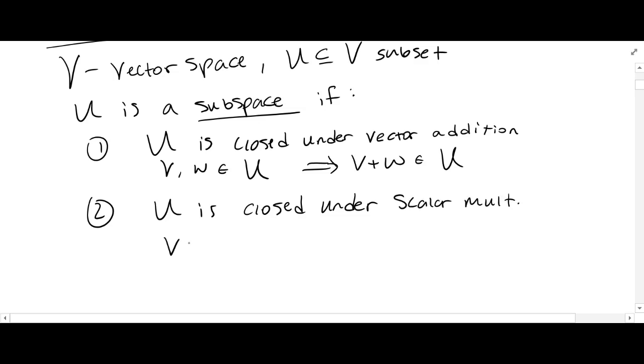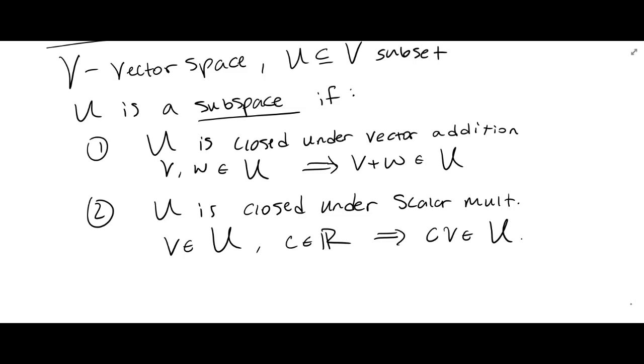So if v is in U and c is any real number, then c times v is in U. They ask you to prove or determine if something is a subspace. You show those two things. Or if it's not a subspace, you show that one of those things doesn't hold.